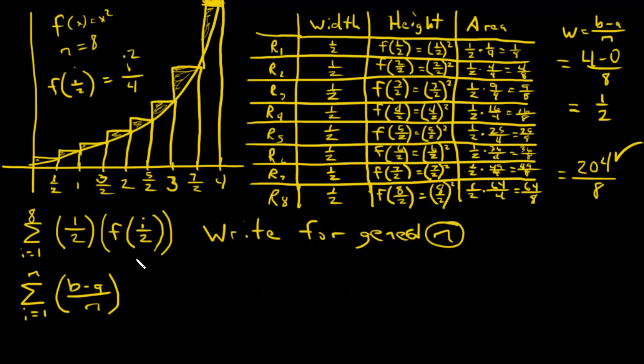How did I get this though? I went from f of I to f of I divided by 2. Where did that I over 2 come from? The I over 2 comes from because the width of each one of these pieces is b minus a over n.